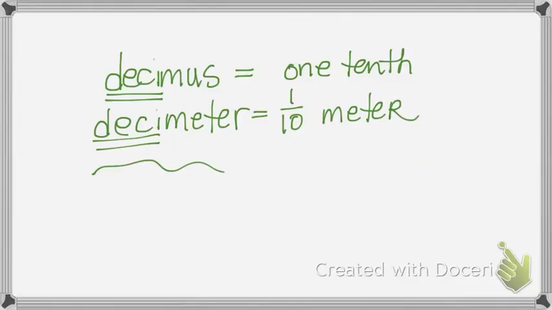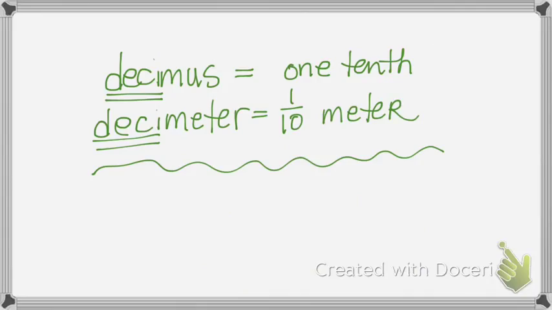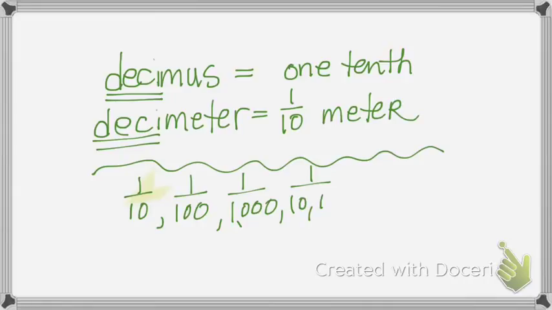Just keep it here. Now, this idea of 10, if we go back here, all place values in decimals are powers of 10. When we are talking decimals, we start with tenths, we move up to hundredths, then thousandths, and then 10,000ths.